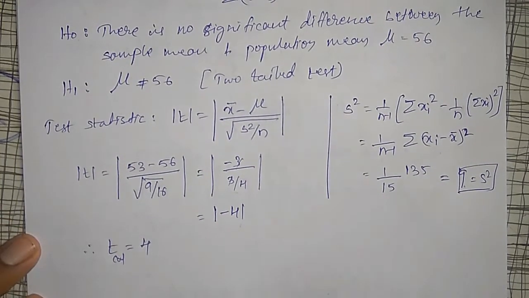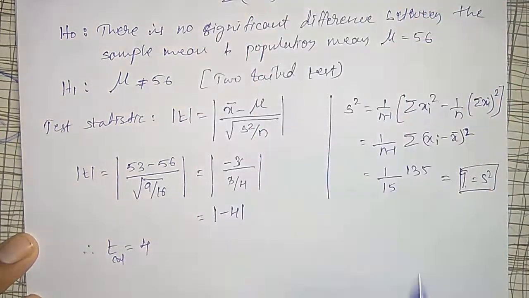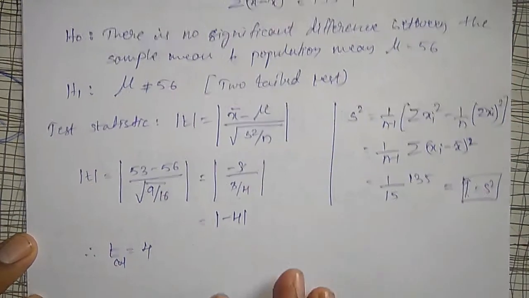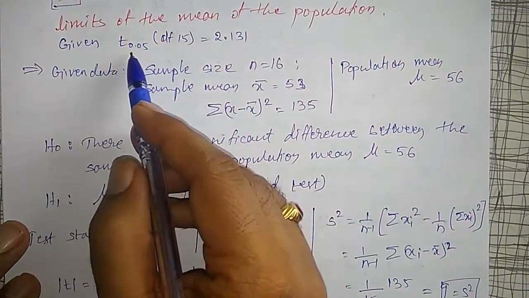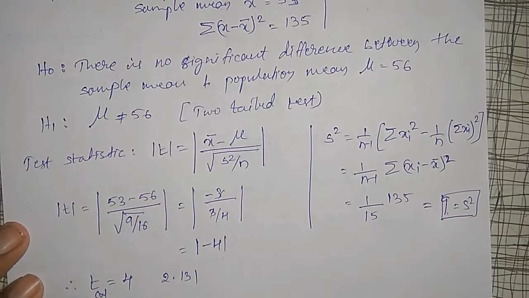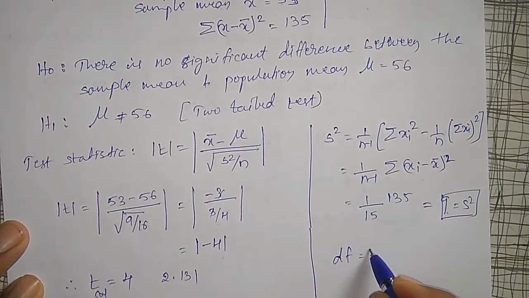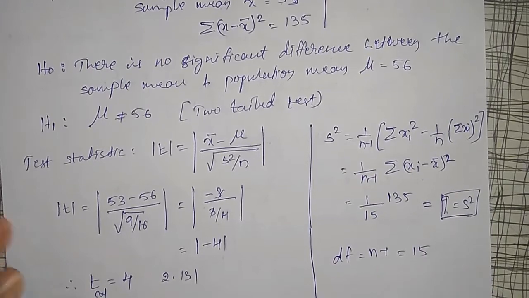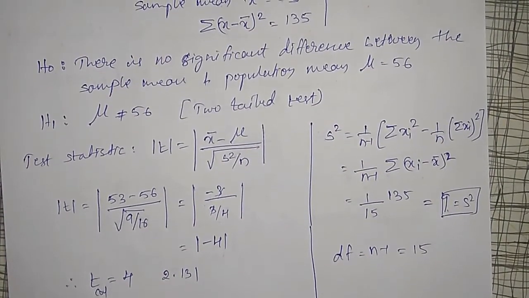This one we have to compare with the table value for 15 degrees of freedom, which is 2.131, where degree of freedom is equal to n minus 1, that is 15. For 5% level, we can use the table also. If it is not given, from the table we can find out.